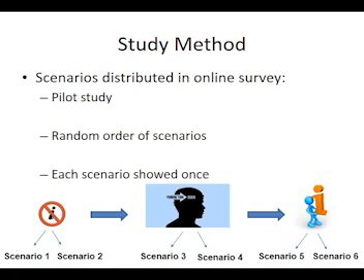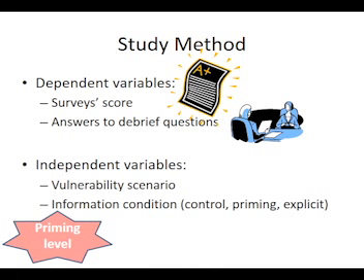In psychology we have the concept of dependent variables and independent variables. The independent variables are the variables that we manipulate in the study, and the dependent variables are what we discover, how they changed based on the way we manipulated the independent ones. What we manipulated was the scenario, 1 through 6, and the condition of the scenario.